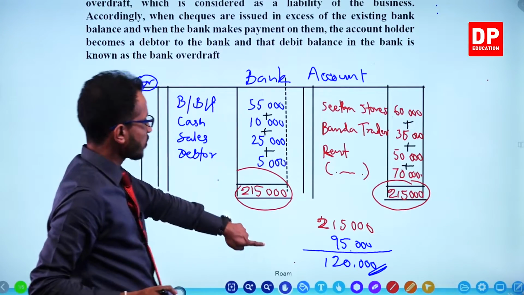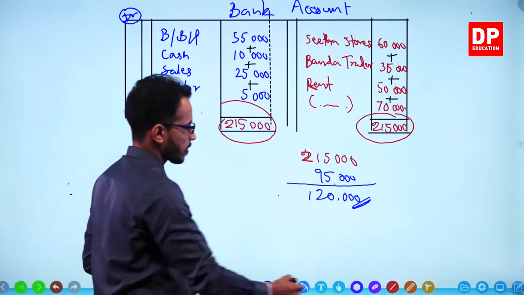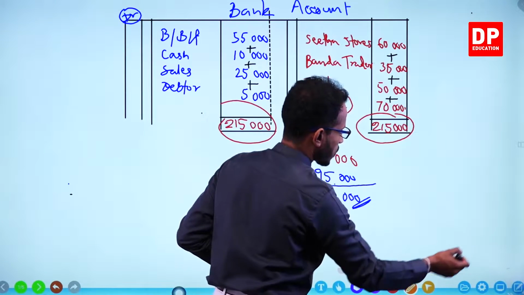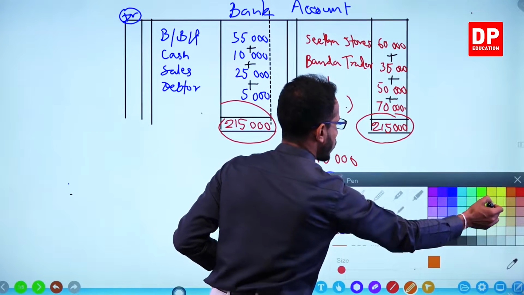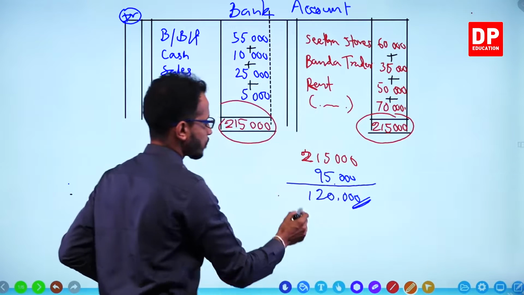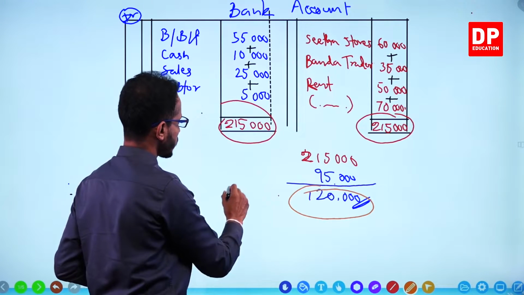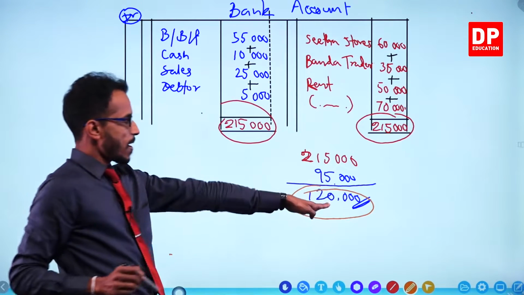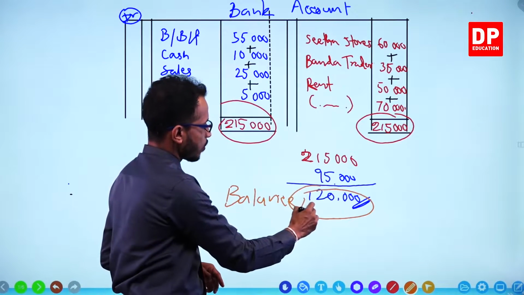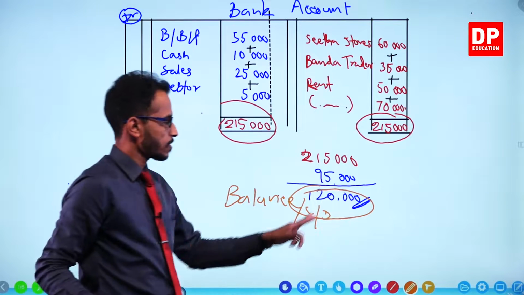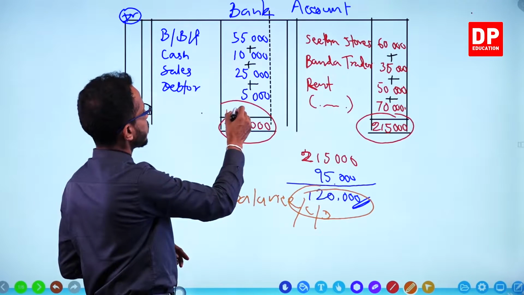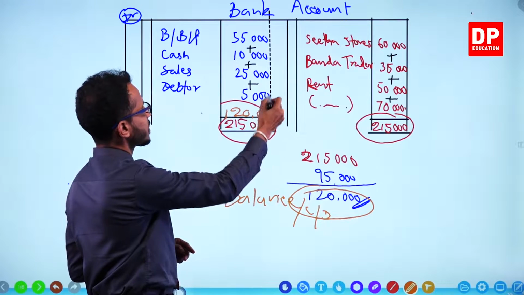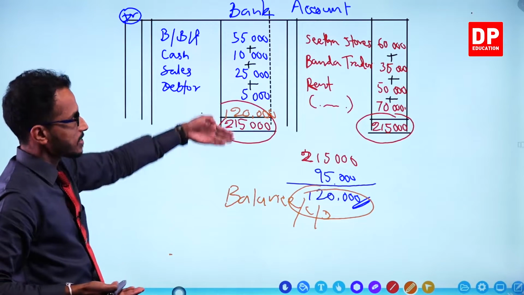This difference is what we call the balance. So the balance carried down comes to this side, 120, because the debit side is the lesser side.